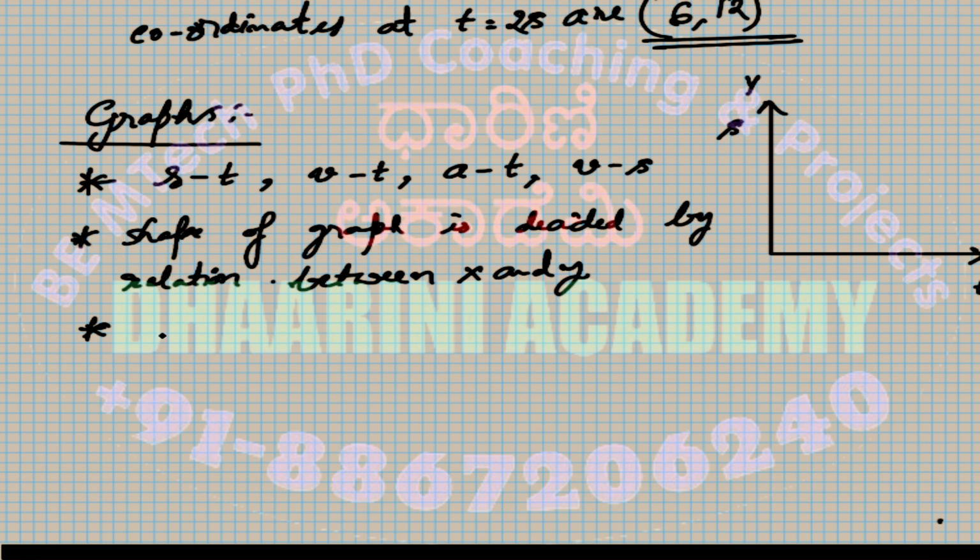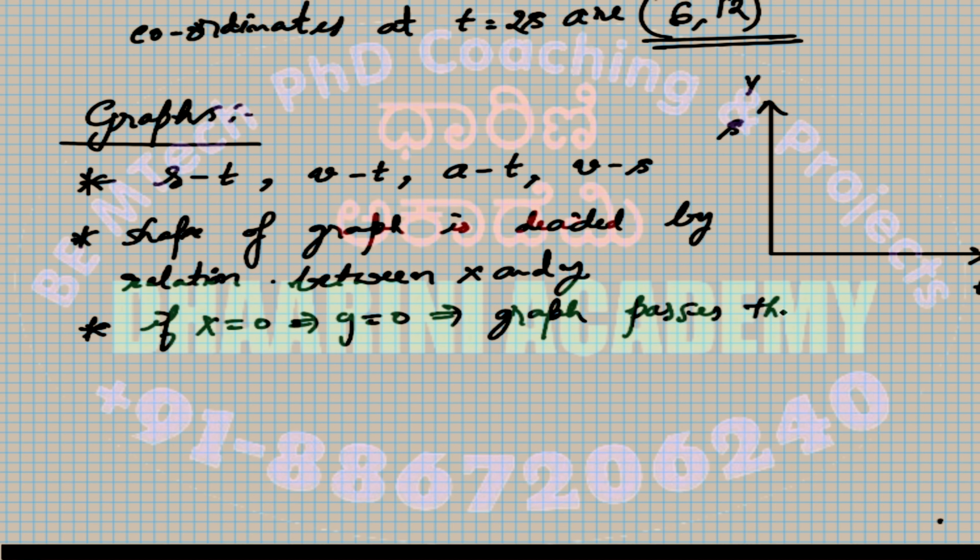So if x equal to 0 implies y is also 0, this means the graph passes through the origin. Otherwise, it is not going to pass through the origin.